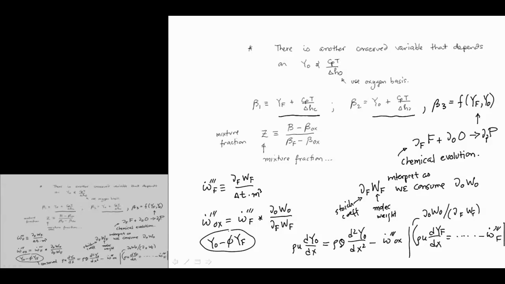The mixture fraction sometimes is used in our descriptions in these combustion problems, and it's a conserved scalar value minus the value in the oxidant stream divided by the value in the pure fuel stream minus the value in the pure oxidant stream. And it's a useful construct for analyzing these problems.